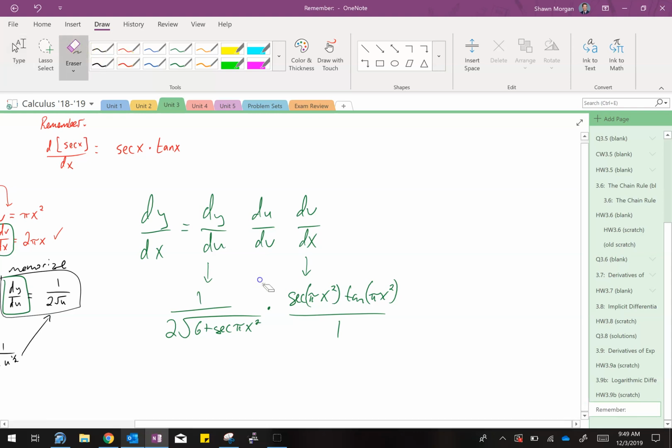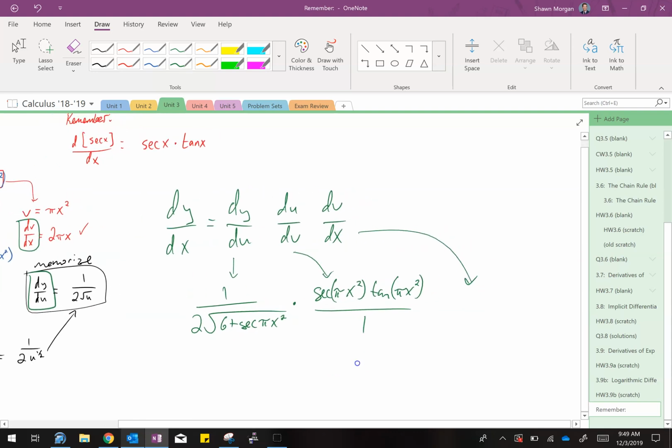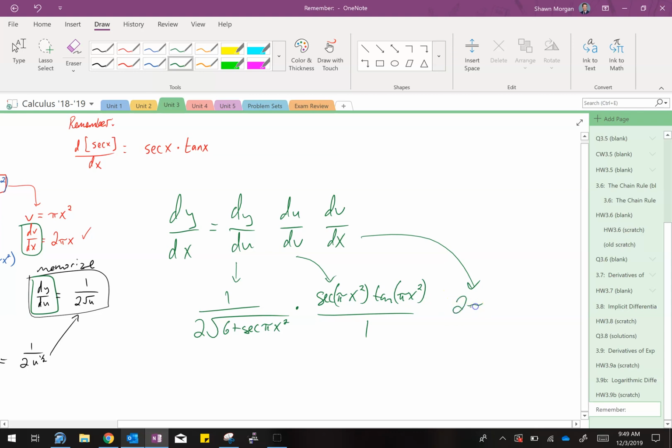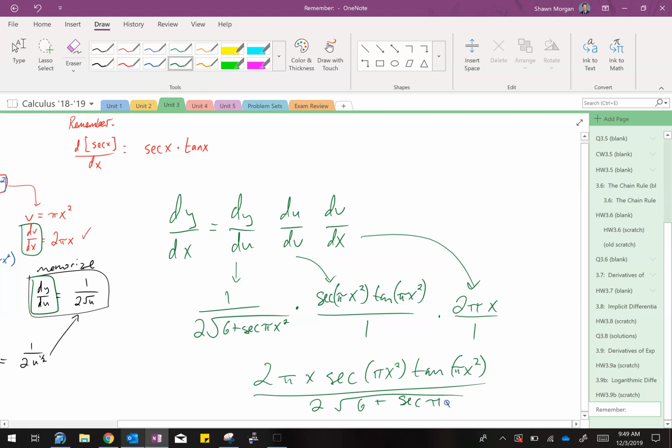And then, what's dv/dx? That was our easiest one to find. Yeah, that's in red, 2πx. So we just multiply the three of those together, and we get a big fat fraction, as I was mentioning earlier: 2πx secant πx squared, tangent πx squared, all over 2 square root of 6 plus secant πx squared.